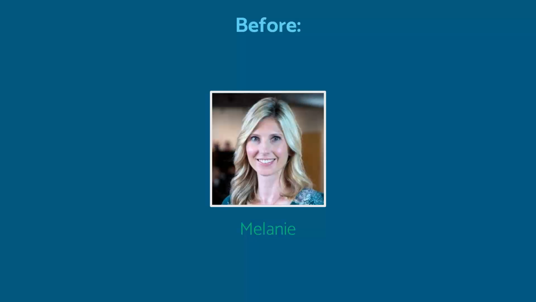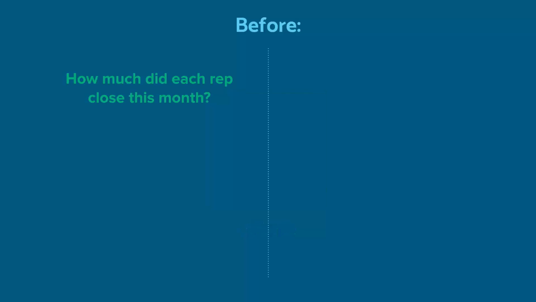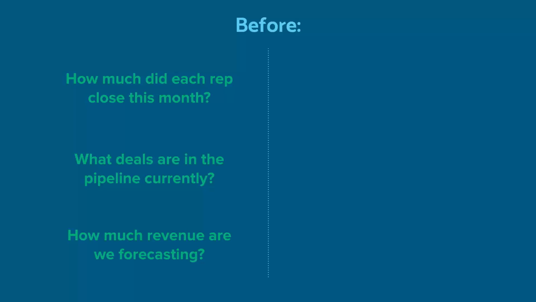When we used spreadsheets for deal tracking and forecasting, we could answer some very specific and important questions like, how much did each rep close this month? What deals are in the pipeline currently, and where in the pipeline are they? And how much revenue are we forecasting for this month, for this quarter, and this year?